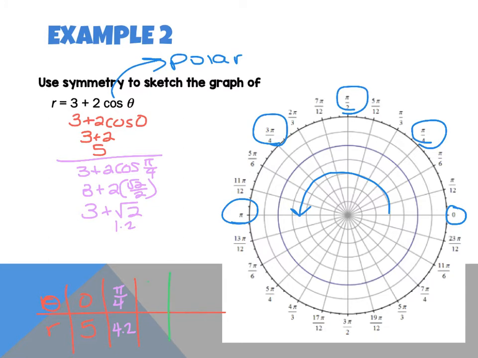I'm going to go to the next one. I'm going to plot pi over 2. If I plug in pi over 2, 3 plus 2 cosine pi over 2, which is 0, I get 3.